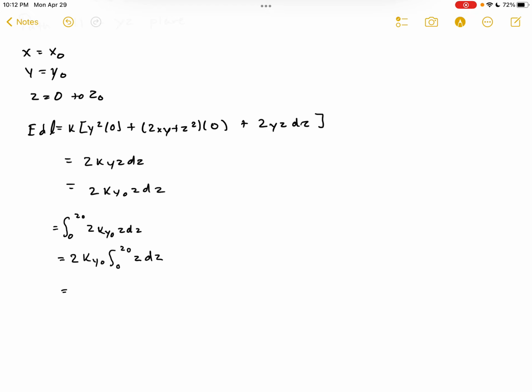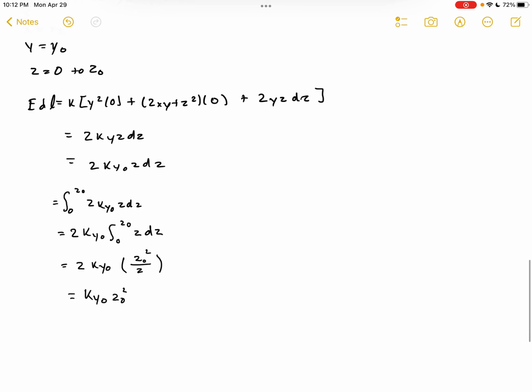Which is then equal, once we integrate, to 2k y naught times z naught squared over 2, which is then equal to k y naught z naught squared. I'm sorry.